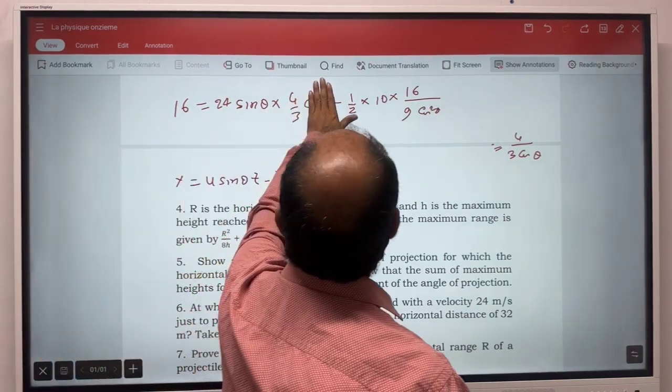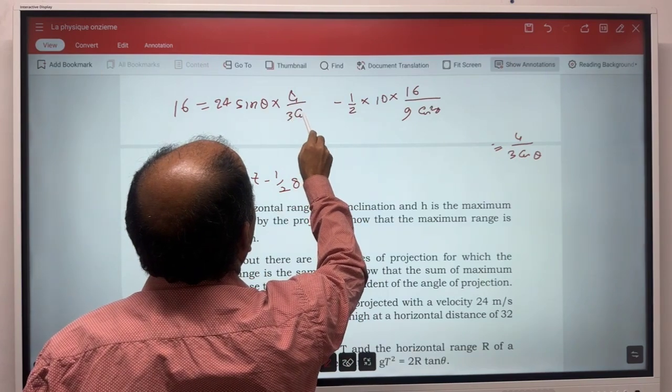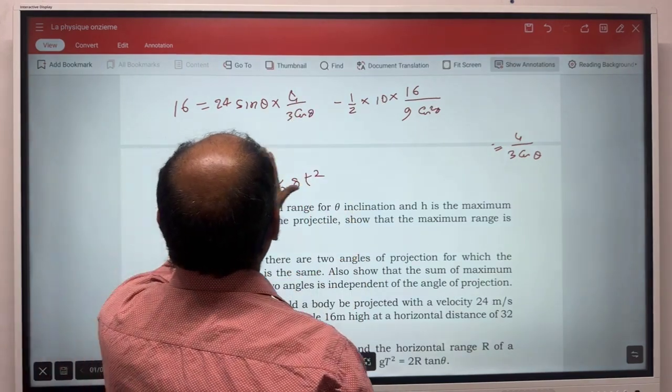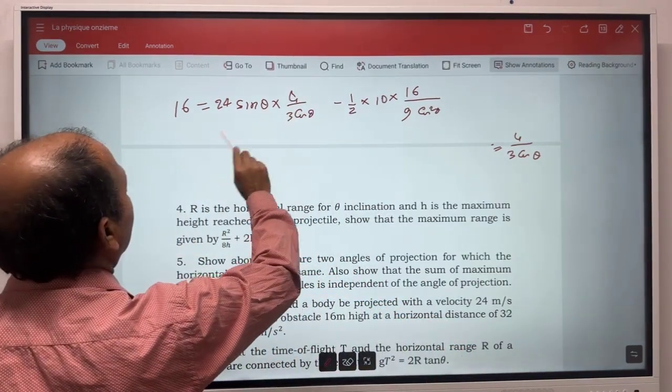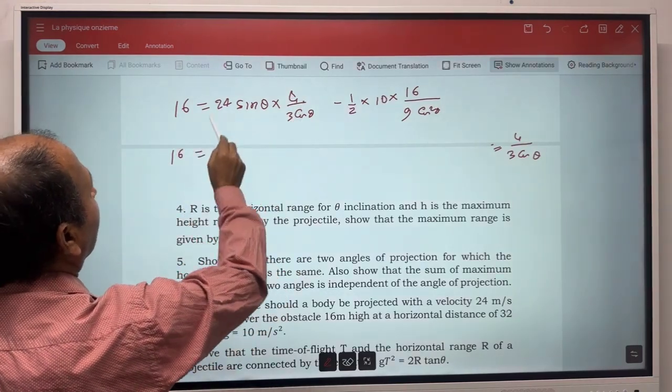Here this cos theta will be in the denominator, 4 upon 3 cos theta. Now let's see what is happening. This is 16 equal to this.